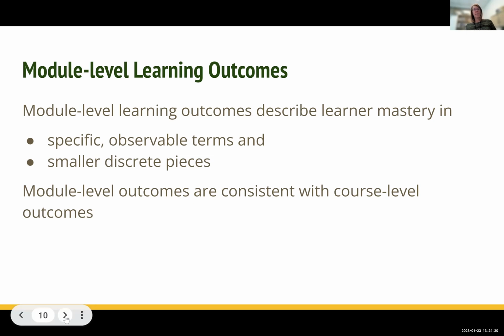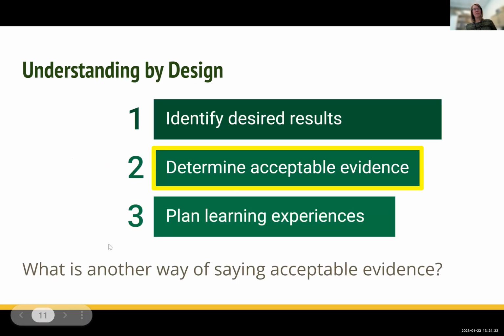Yeah, so moving on to the next step of Understanding by Design. Once we know what we're looking for, we have to determine the acceptable evidence. So I want you to just think about that for a minute. What do we mean by acceptable evidence?